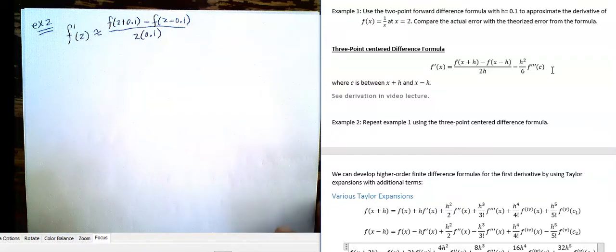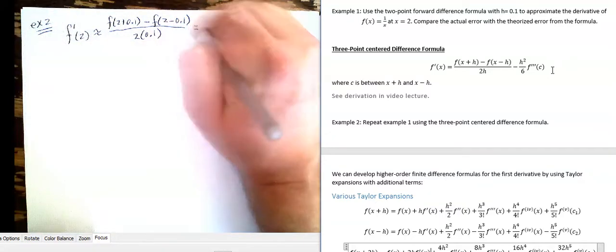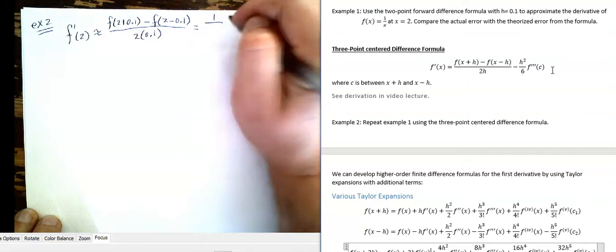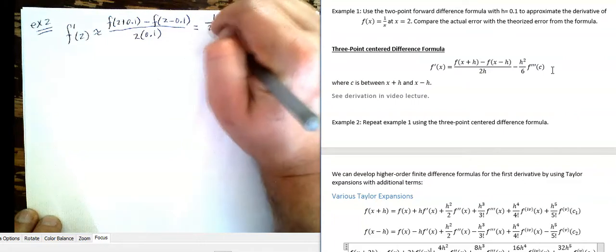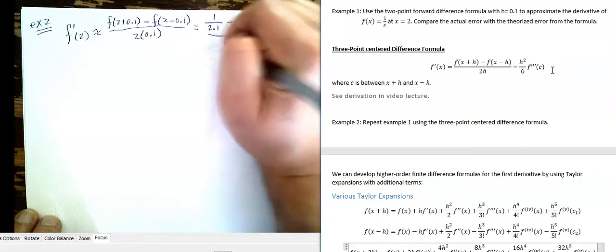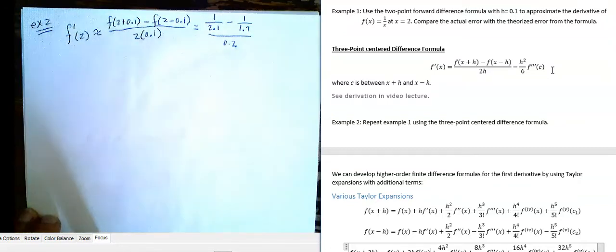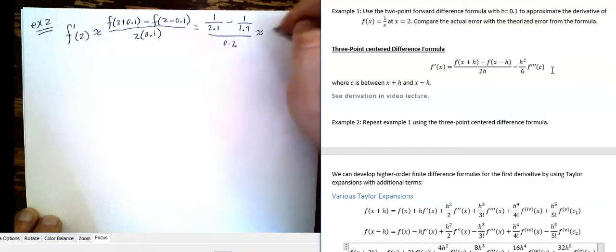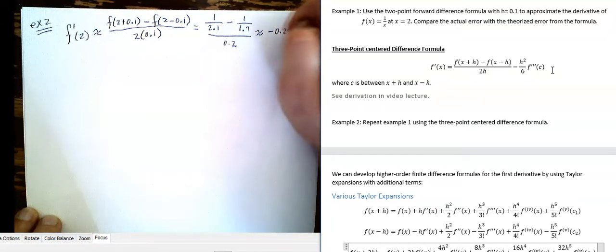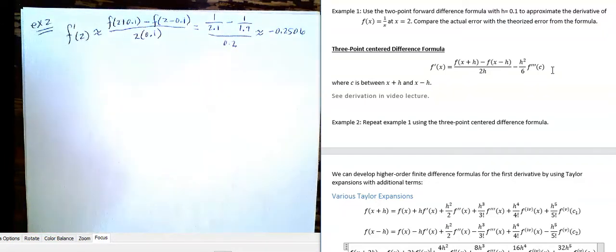So let's see what we get there. That'll be 1 over 2.1 minus 1 over 1.9 over 0.2. And that rounded to 4 decimal places is negative 0.2506.